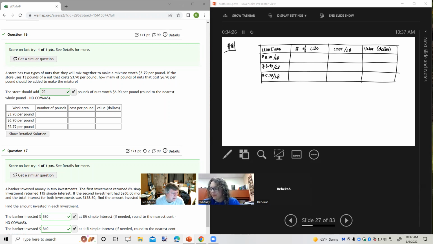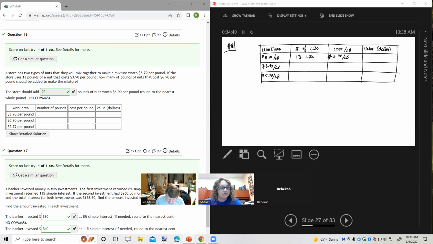So a store has 2 types of nuts that they will mix together to make a mixture worth $5.79 per pound. If the store uses 13 pounds of a nut that costs $3.90 per pound, so 13 pounds that costs $3.90 per pound, okay.